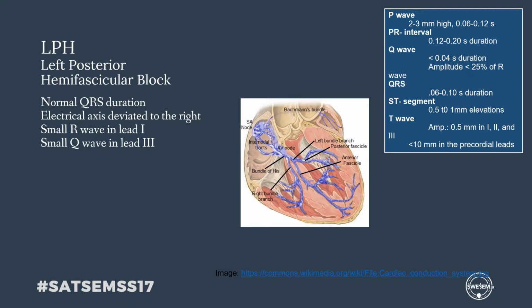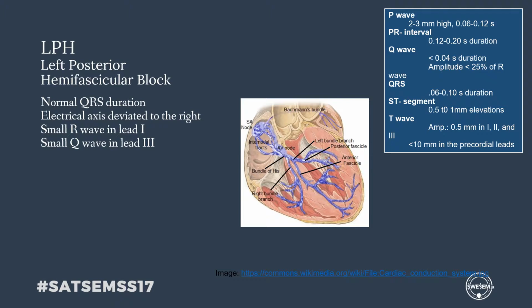Moving on to the left posterior fascicular block. Once again, we're doing the same thing here, but opposite. In a left posterior fascicular block, the electrical current spreads through the anterior fascicle to the left myocardium.